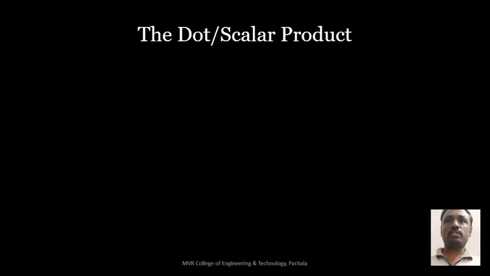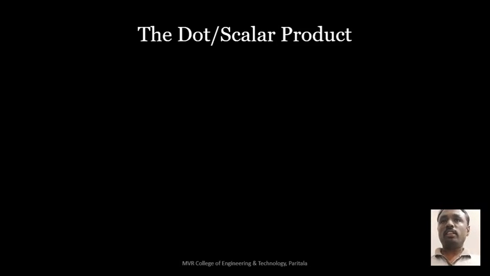The next one is whether the dot product follows the commutative law or not. If the result of A bar dot B bar is equal to B bar dot A bar, then it follows the commutative law. So A bar dot B bar will be AxBx plus AyBy plus AzBz.